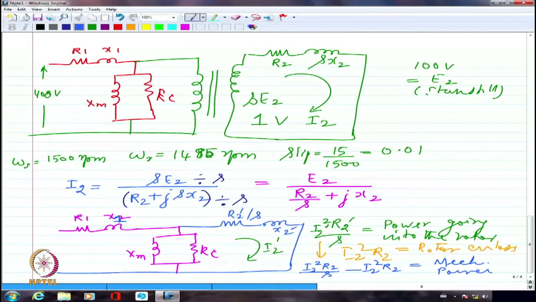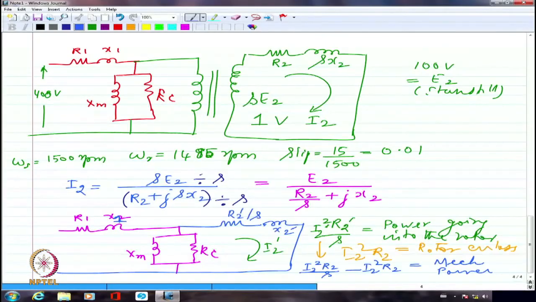I have this as the total input power to the rotor, out of which I know for sure that something has been dissipated as the rotor copper loss, that is I2 square R2 within the resistance. I know physically the resistance is only R2, but I have represented that by R2 by S. So I am supplying more power than what is required by the rotor to dissipate.